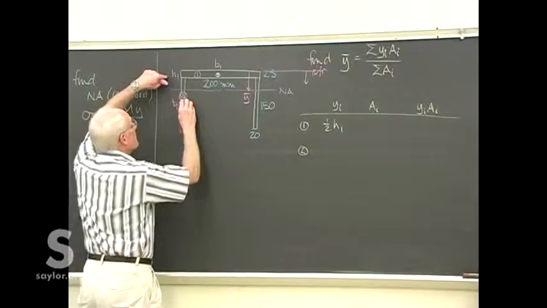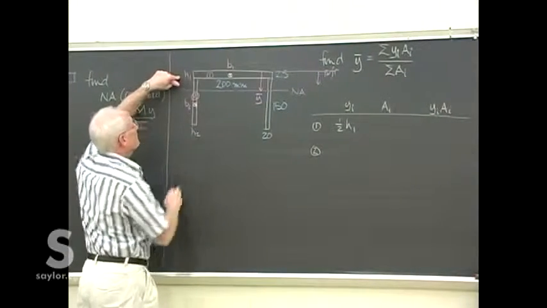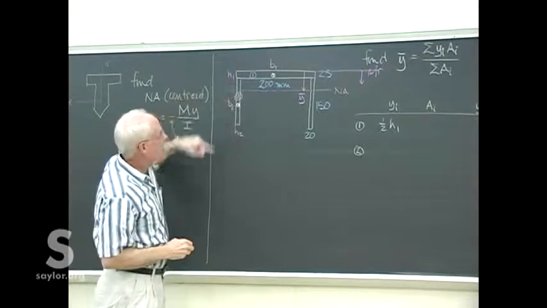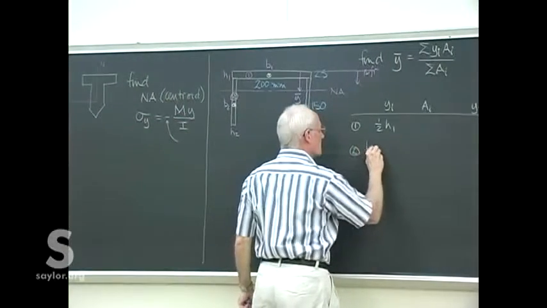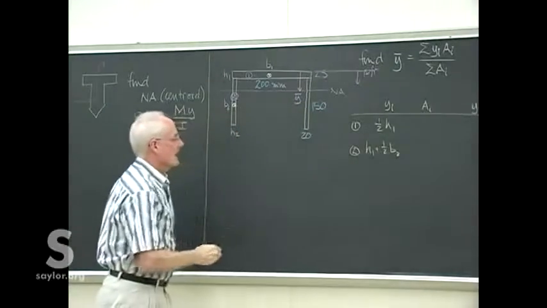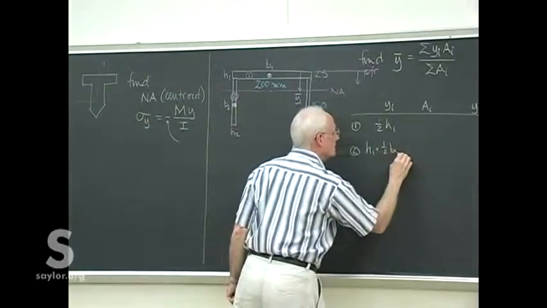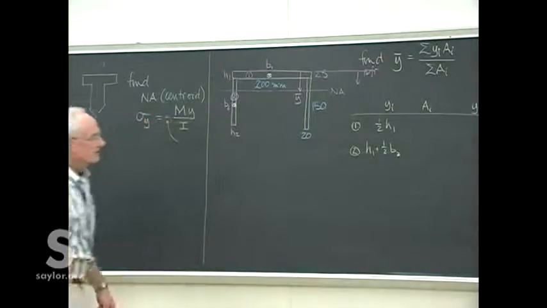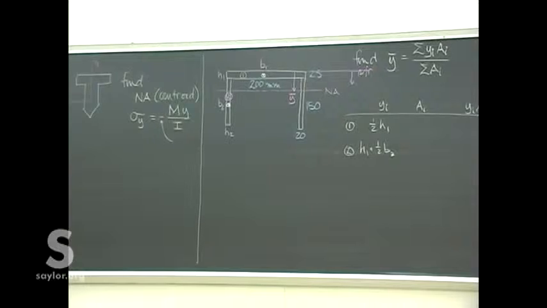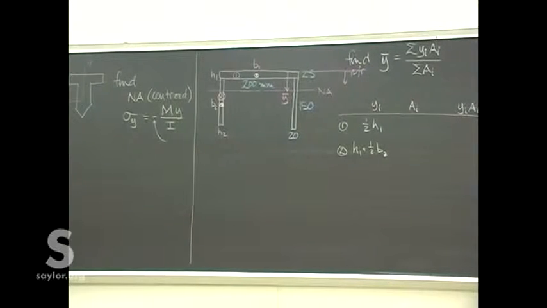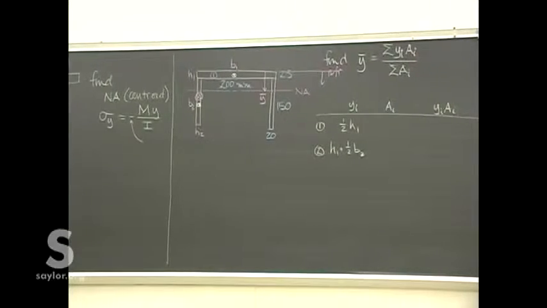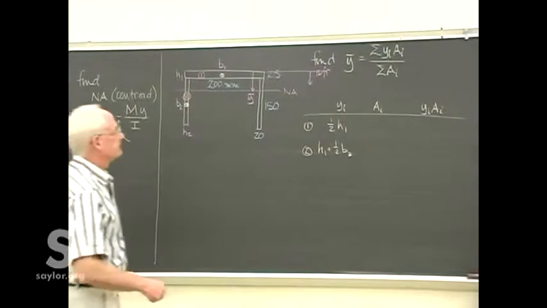Piece 2 is also right in the middle. So that's a distance from our reference line of H1 plus 1/2 B2. You can get H1 and B2 from the reference or from the drawing itself. I'm just trying to lay out a skeleton solution because it's just review, a reminder for us.